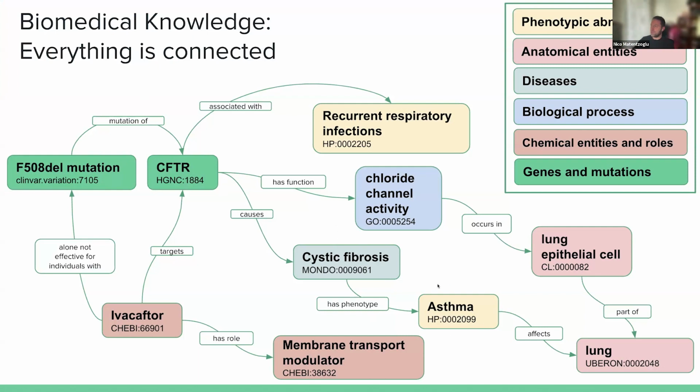Diseases are associated with phenotypes, and phenotypes affect some anatomical entity, in this case an organ. Similarly, this gene has a function, which is a biological process, which occurs in some cell type, which in turn is part of a specific anatomical part or organ.